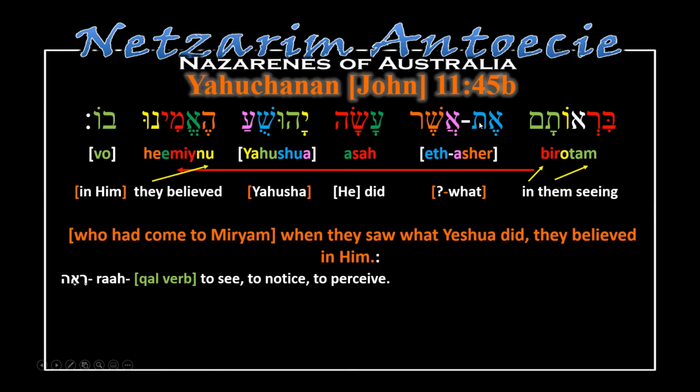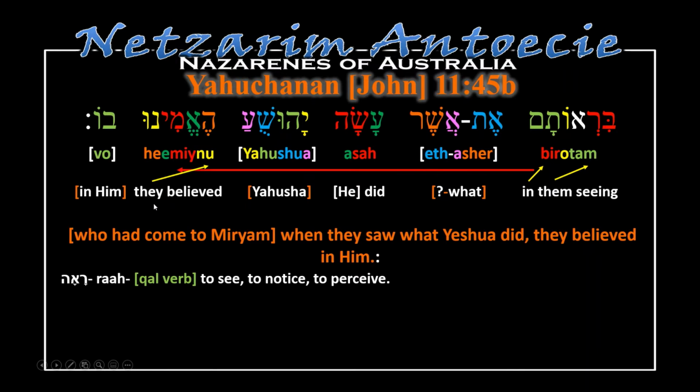In them seeing, et, grammar marker, asher, which in this case could be what? Asa. Now there's no pronoun, so it's he did. Yahushua, and that's the one doing it. Or of course some will say Yahusha. He'eminu. Now, he'emin means to believe. So therefore the pronoun is at the end, meaning they believed.